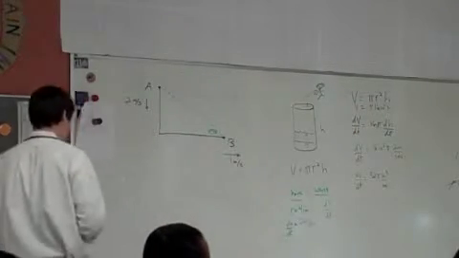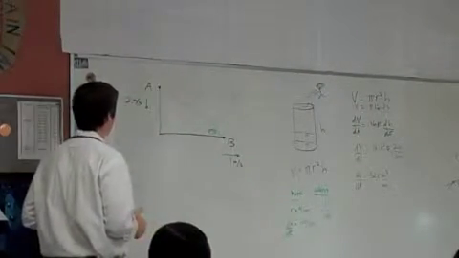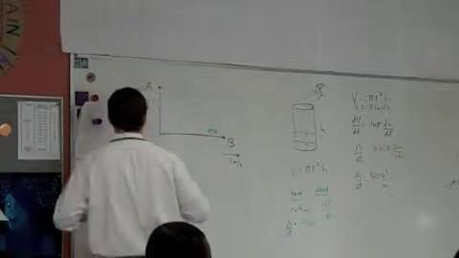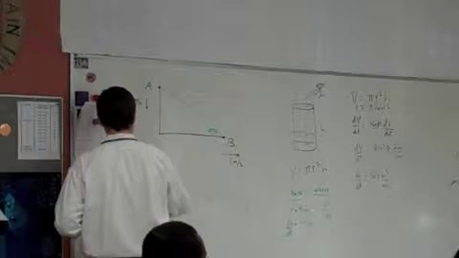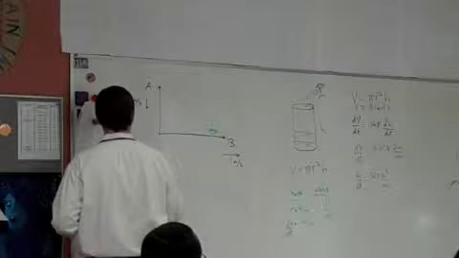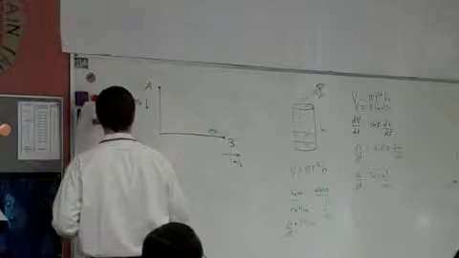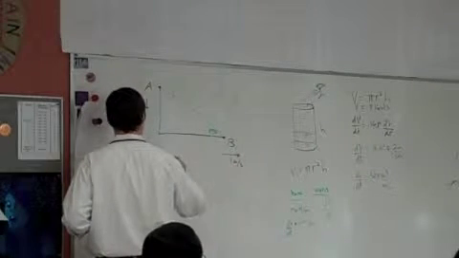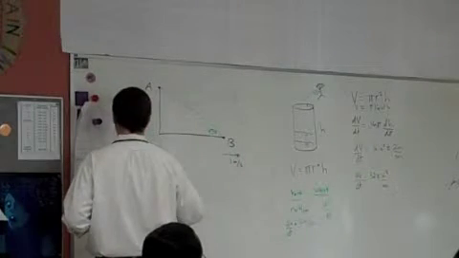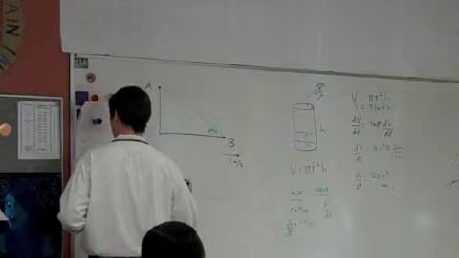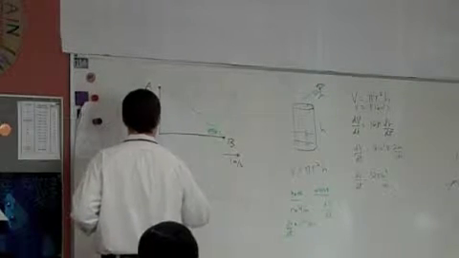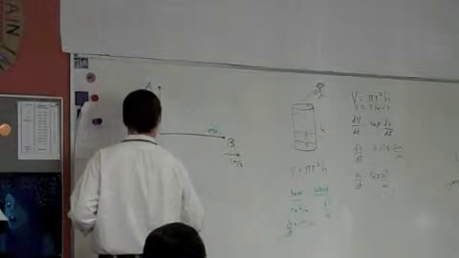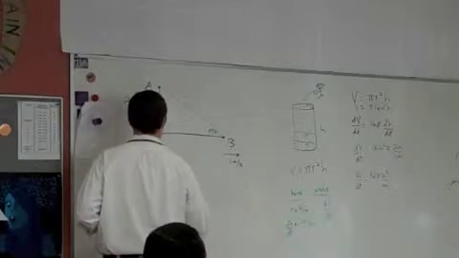So what I want is to know the change in the angle when A equals 10 meters, and B equals 20 meters.